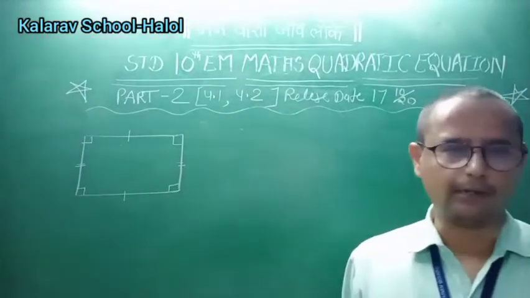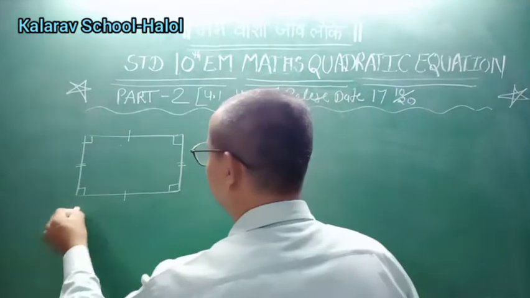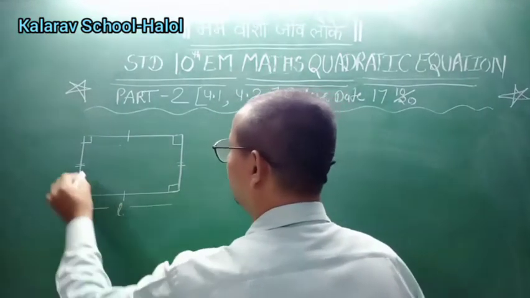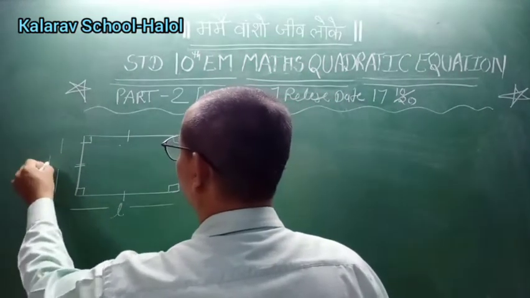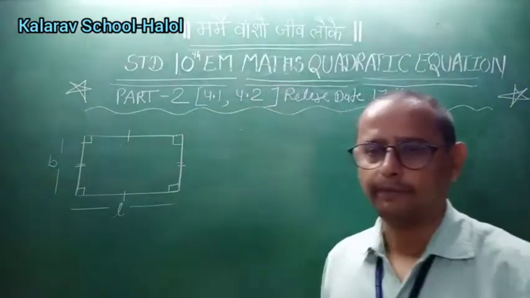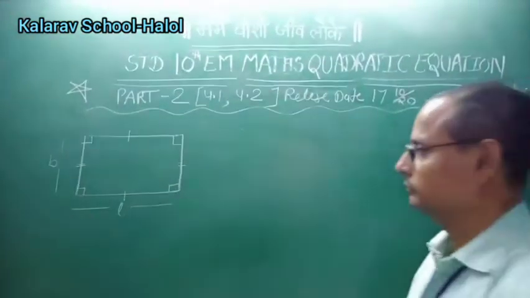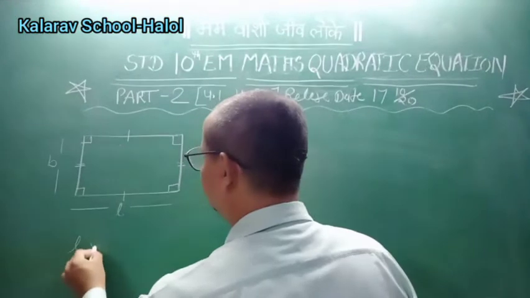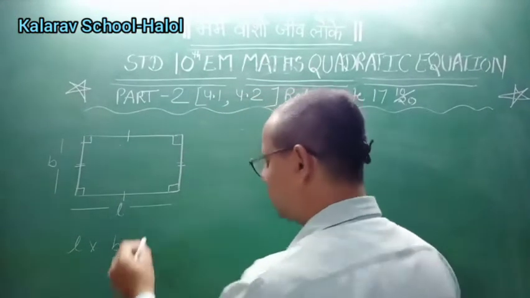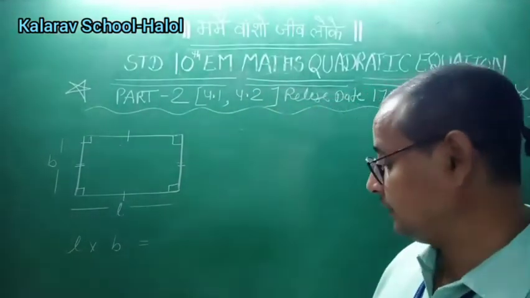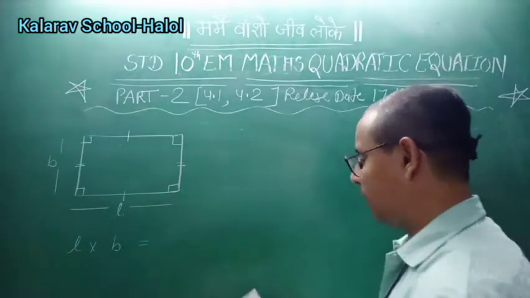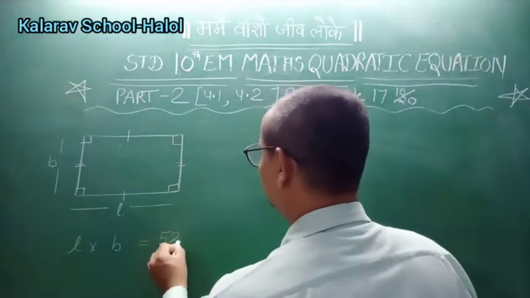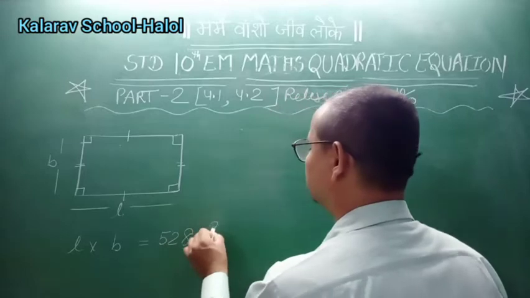This is rectangle. This is called length and this is called breadth. Its area is length into breadth equal to 528 meter square.